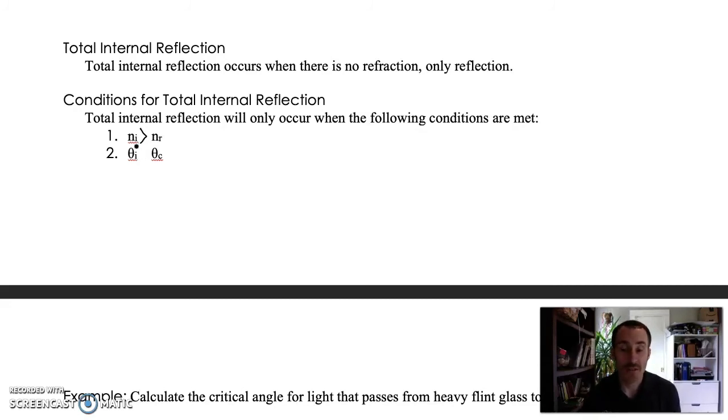We also have to have an angle of incidence that is greater than the critical angle. The critical angle is just that special angle of incidence that would cause a 90-degree angle of refraction. And so if the incident angle is greater than that special angle, that cutoff point, then you get total internal reflection.